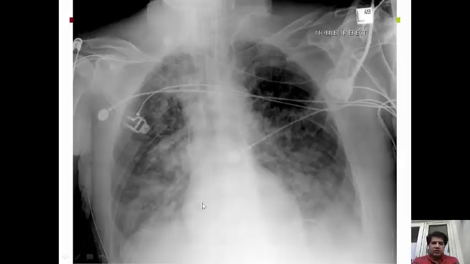Here the heart size is normal, so this is most likely an ARDS-type picture. You will commonly see this even in COVID patients, diffuse infiltrates in the ARDS stage.